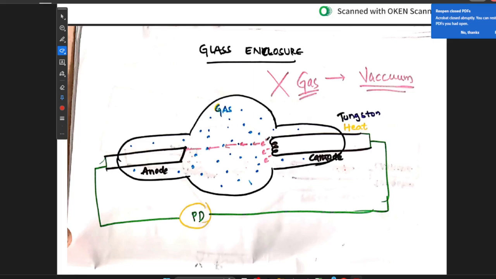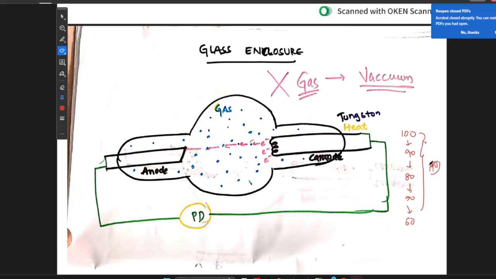Think that this is an electron with some energy, 100. It has collided with the first gas molecule, this one. So it has lost 10 energy, so it becomes 90. Again it has collided with one more, then its energy has become 80. It has collided with another one, then it has become 70. Like that, when it has collided with multiple molecules and reached the anode, it has obviously lost a significant amount of energy, almost 40.